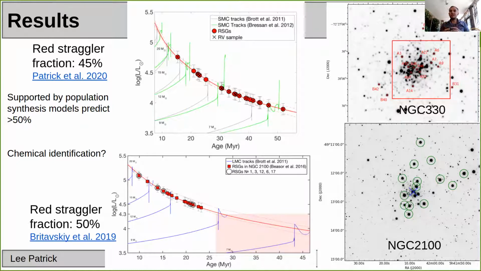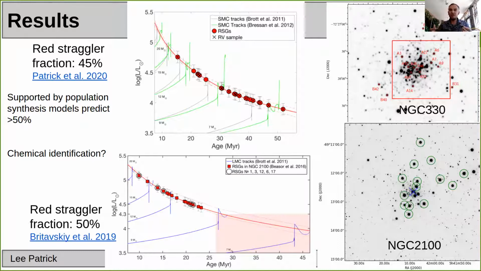Our interpretation of this age spread is that red stragglers are evolving from blue straggler stars and contaminating this diagram at the high luminosity end, or the young age end.